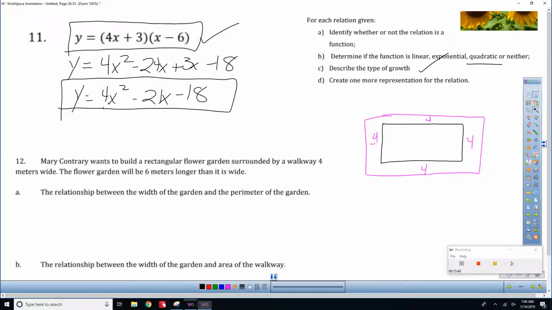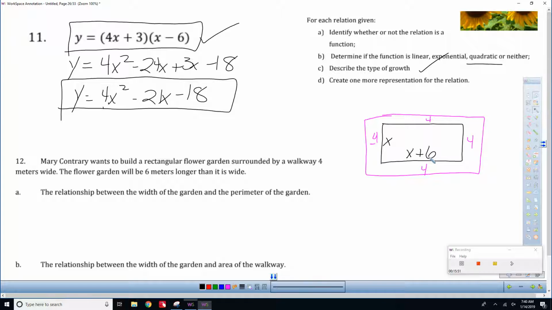The flower garden will be 6 meters longer than it is wide. So if we call this x, that has to be x plus 6. The relationship between the width of the garden and the perimeter of the garden.